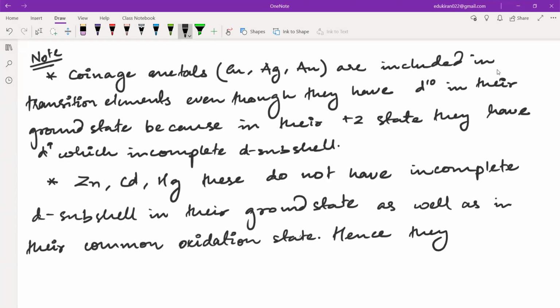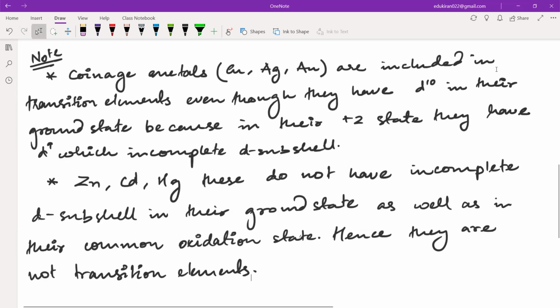Hence, they are not transition elements. Okay. Please write this down.